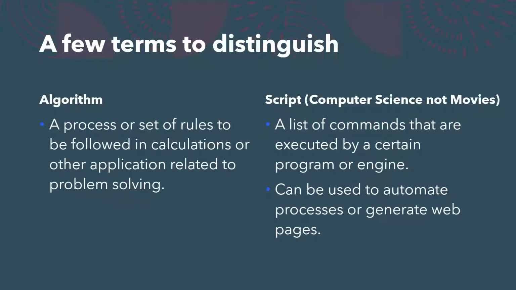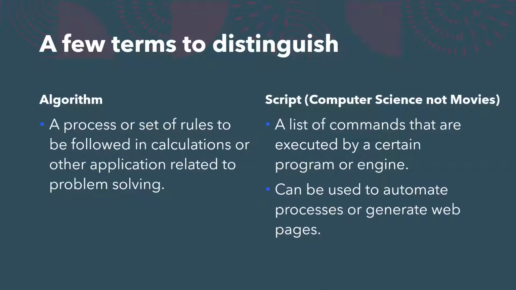A few terms I want to distinguish, because in the architectural, engineering, and construction industry, we tend to take things from other industries and repurpose them without entirely changing the name or nomenclature that comes with it.